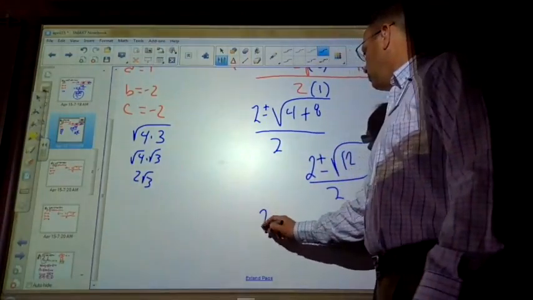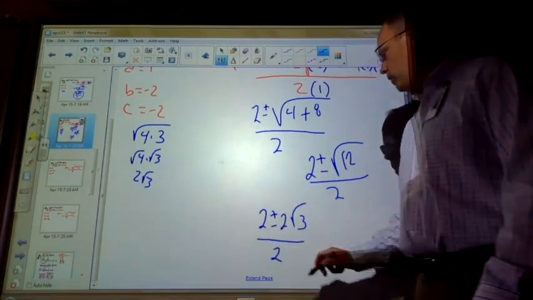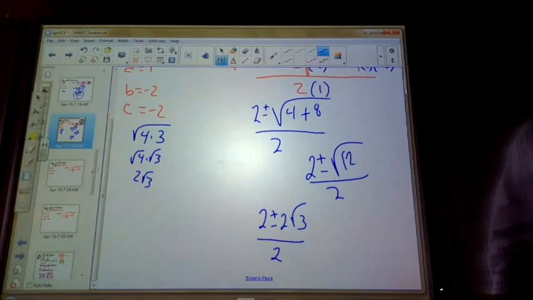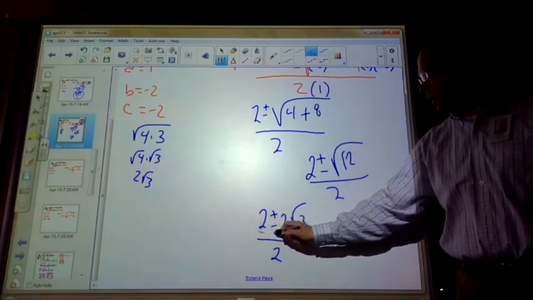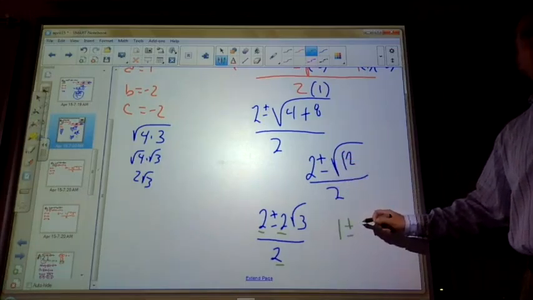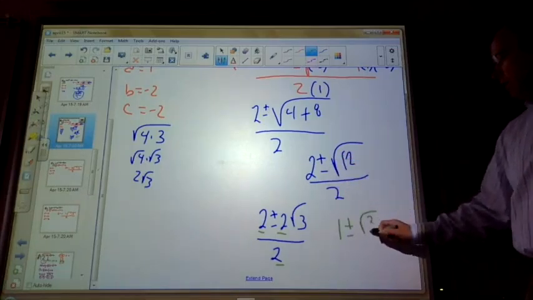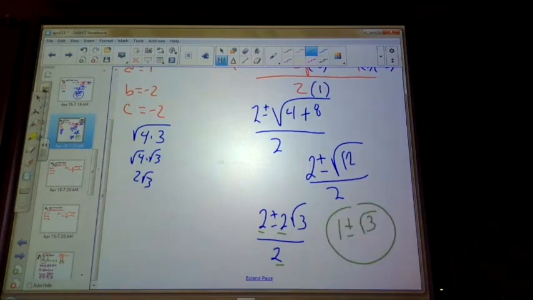So I get 2 plus or minus 2 root 3 all over 2. What reduces? The 2's. Good. So everything reduces, so I get 1 plus or minus 1 root 3, or just root 3 all over 1. So that's 2 answers, 1 plus root 3 and 1 minus root 3. Seem okay?